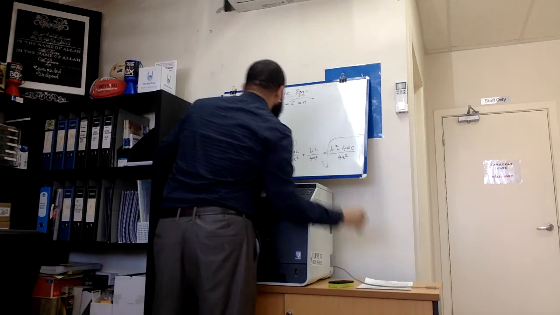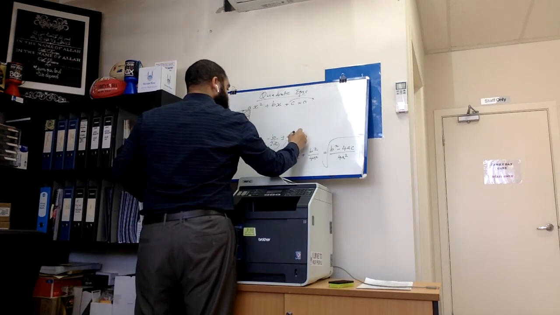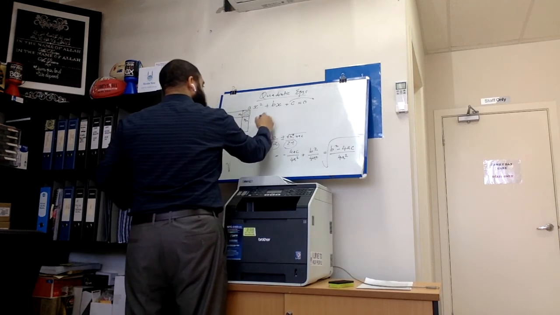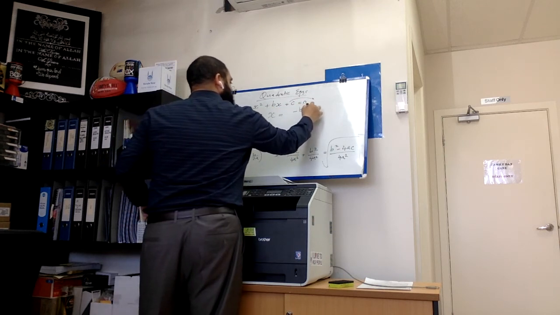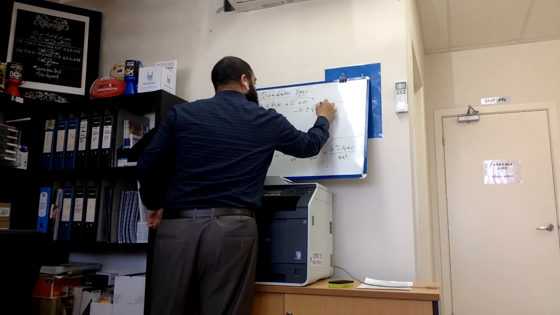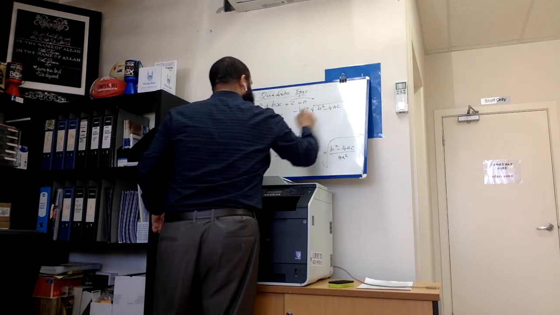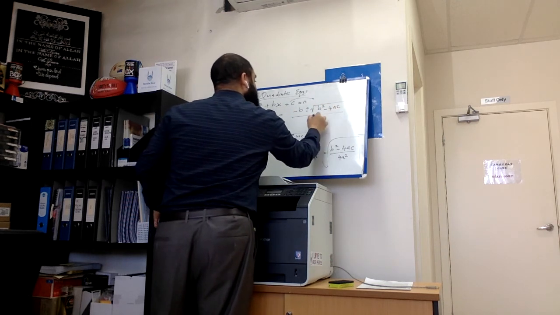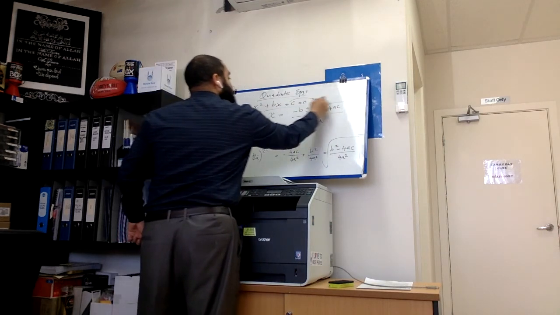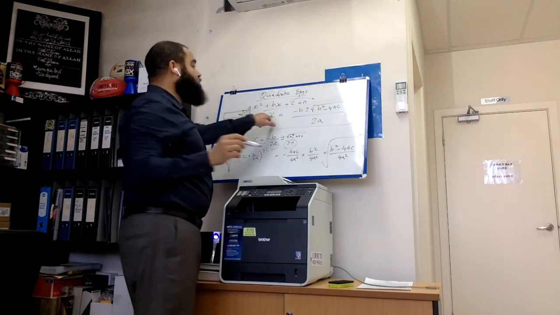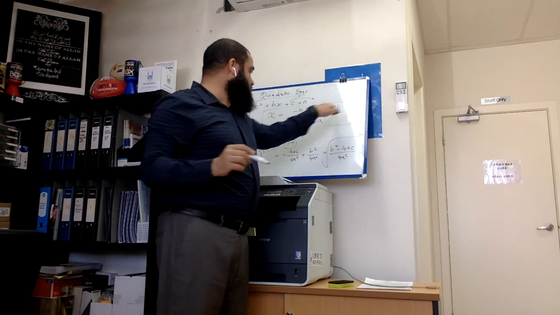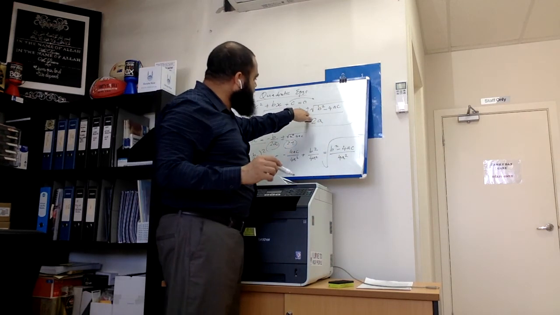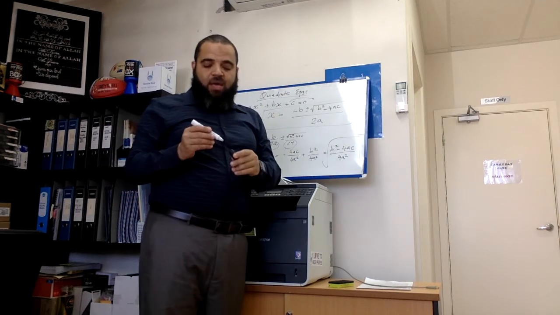So x equals negative b, plus or minus square root of b squared minus 4ac, all over 2a. So these are the two values of x: negative b plus the square root of b squared minus 4ac over 2a, and negative b minus the square root of b squared minus 4ac over 2a.